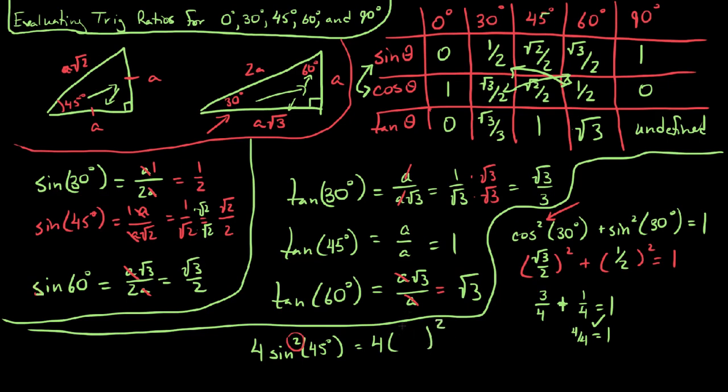Sine of 45, looking at the table, is radical 2 over 2. That part's done. So we can evaluate this now. We have 4 times radical 2 over 2 squared, which is 2 over 4. And our 4's cancel, and we get left with 2. So that is a very formal exploration of the trig functions of those very special angles.